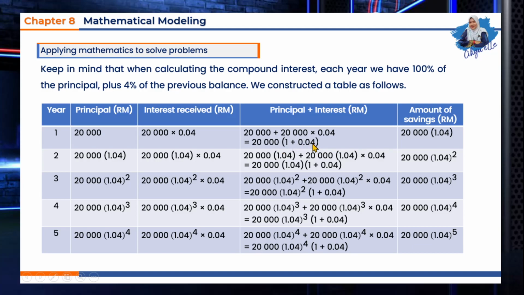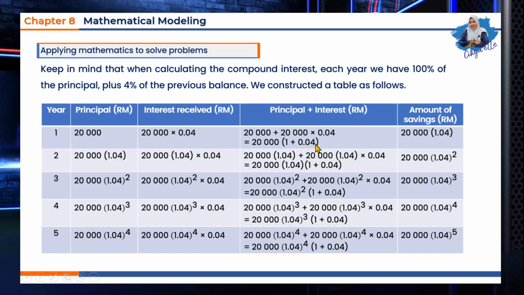When we expand, we get 20,000 plus 20,000 times 0.04. So the total amount of saving for the first year is 20,000 in brackets 1.04, because it is 1 plus 0.04.